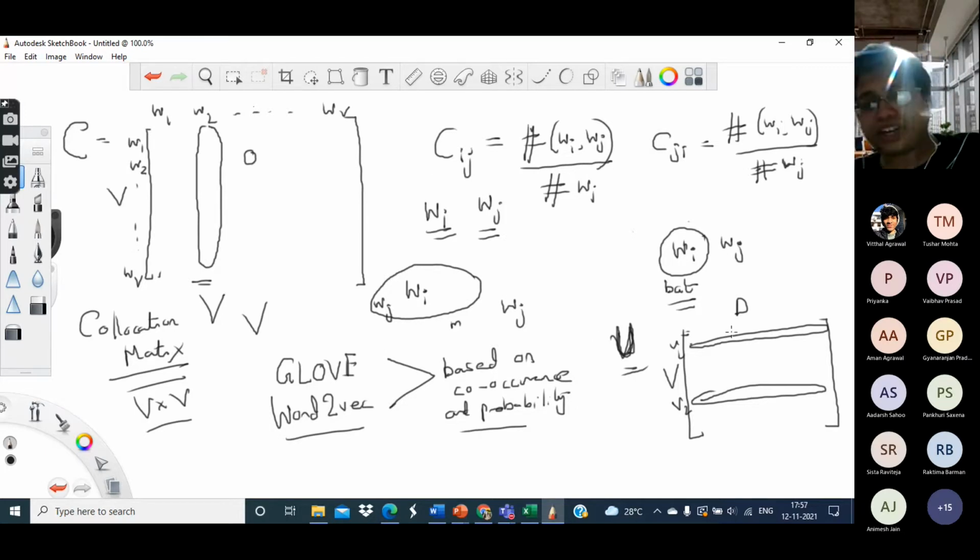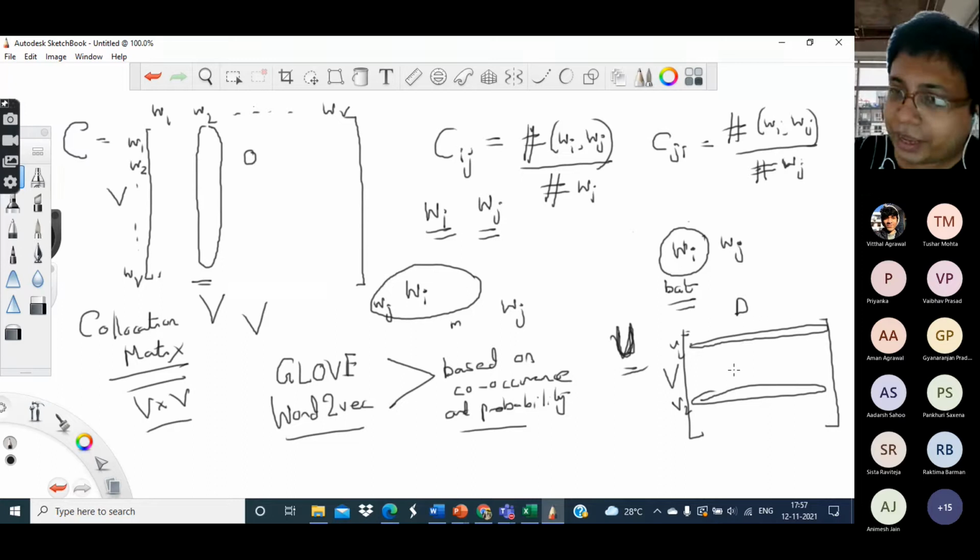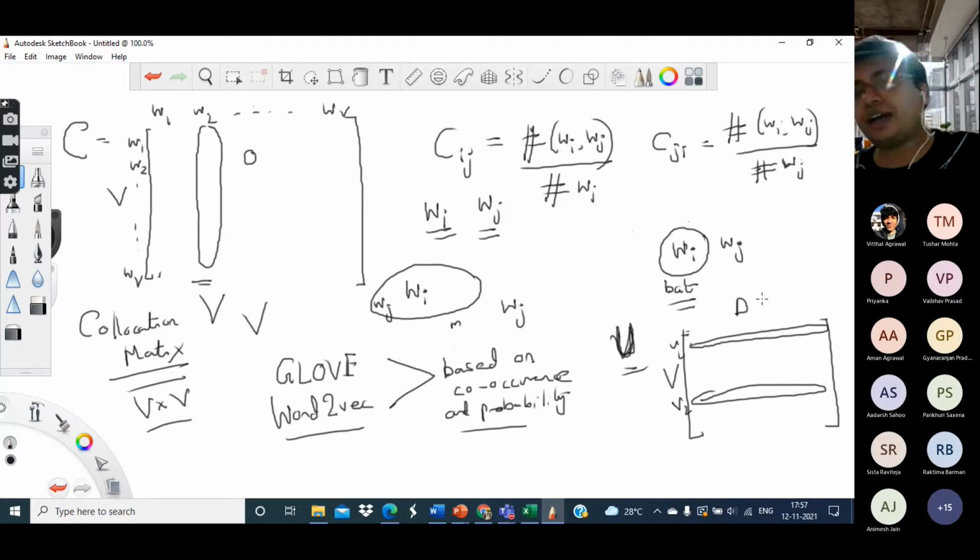Here, by cleverly using matrix multiplication and defining probabilities of co-occurrence in a clever way, instead of a V-dimensional representation of every word, I now get a d-dimensional representation, where d is a value in my hand.